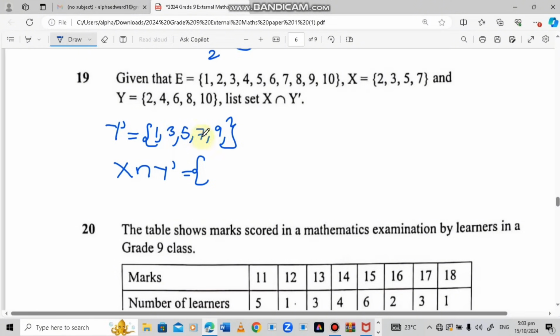We have a 3 here, we also have a 3 here, so a 3 is one of them. We have a 5 here, we also have a 5 here, so we also write this 5 here. We have a 7 here, we also have a 7 there, so a 7 is also one of them. We have 9 here, we don't have 9 there. So the only elements of X intersect Y complement are 3, 5, and 7.